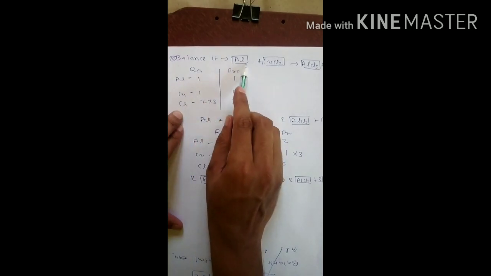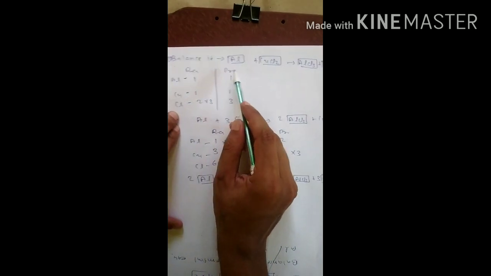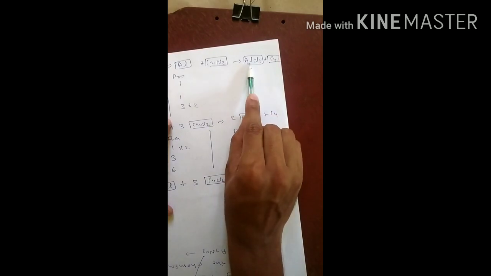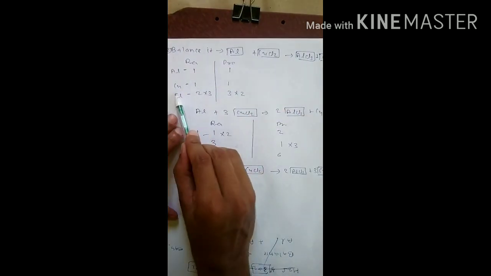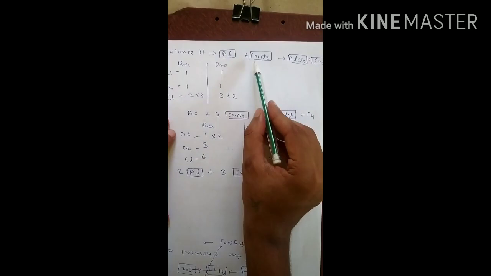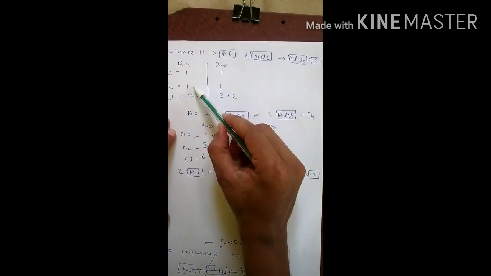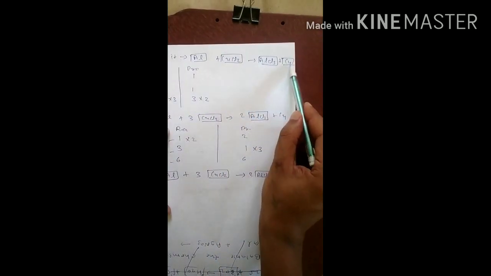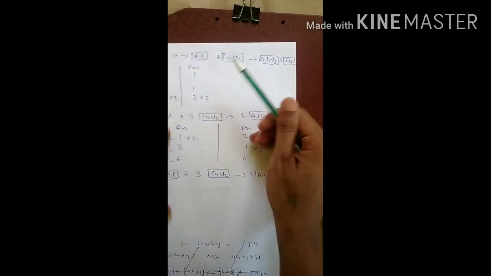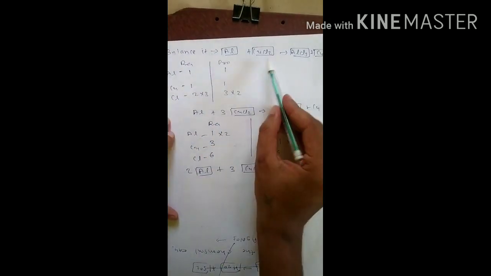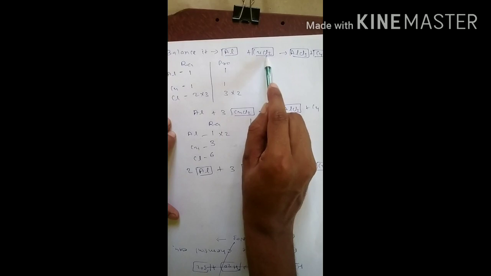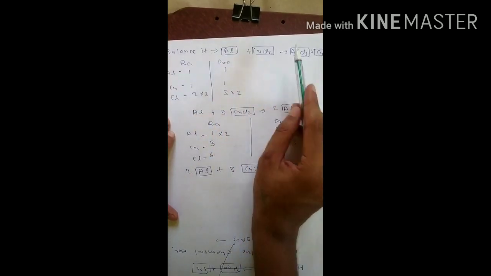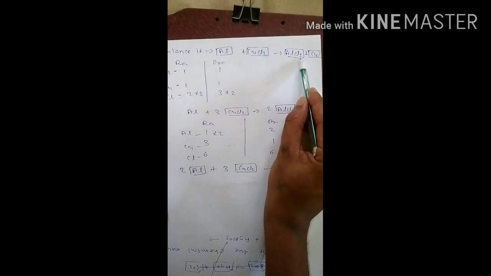You can see here. Now on the product side it is 1. Now copper on the reactant side 1, on the product side it is 1. Now chlorine on the reactant side 2. Okay, 2 atoms of chlorine are there, and on the product side it is 3.